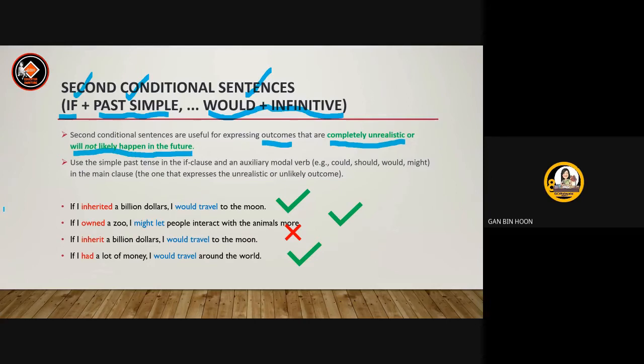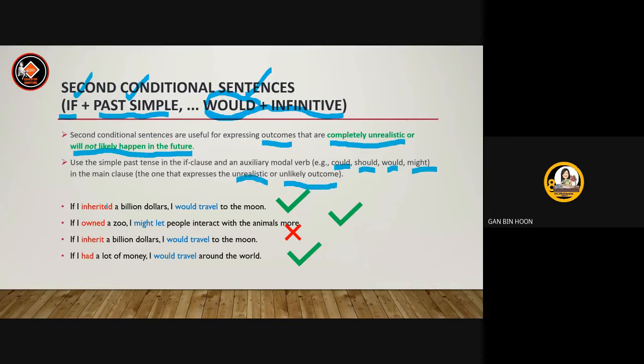So we use simple past in the if clause, and then an auxiliary modal verb. Here I put only would, but you can also put could, should, might in the main clause. Why? To express an unrealistic or unlikely outcome.